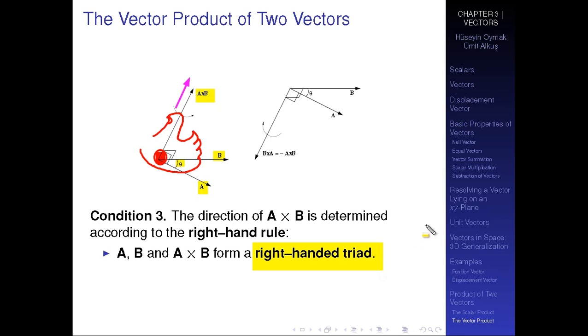Then, this brings us to the end of conditions. Next, we will discuss the cases where the angle theta between them varies.